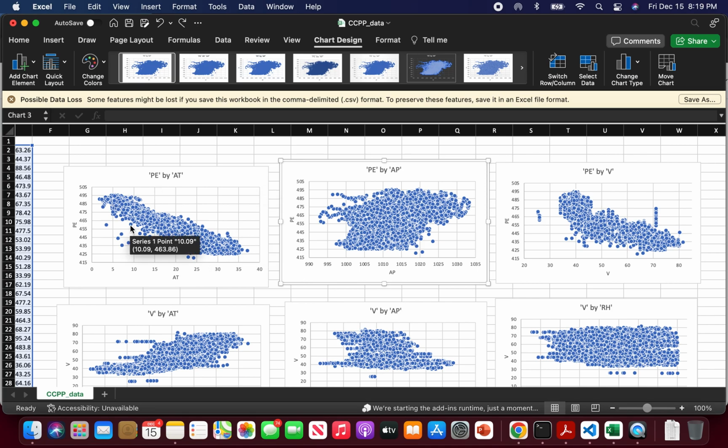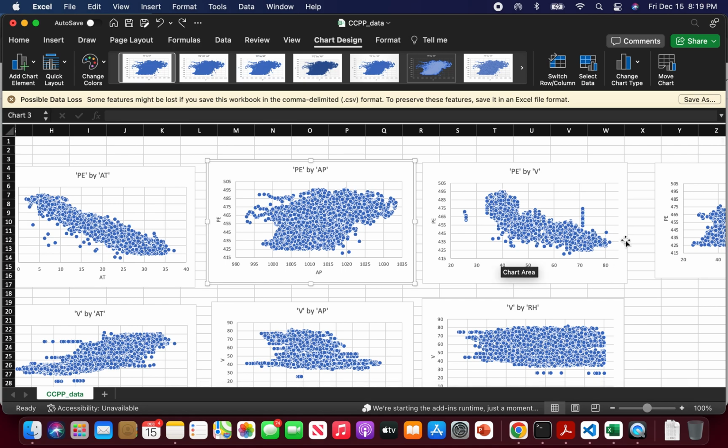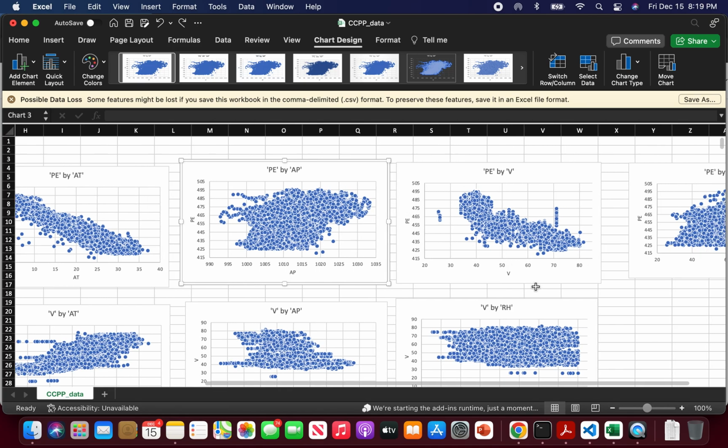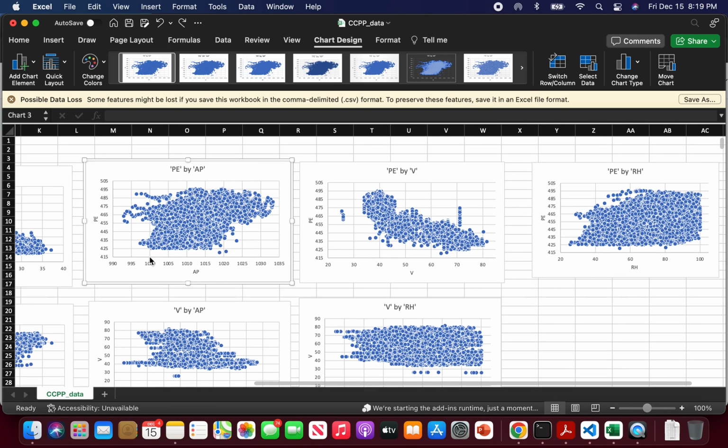AT looks like it had a negative linear correlation, and V had a negative logarithmic correlation. I also thought that AP had a positive linear correlation, and I honestly did not think that RH had much of a correlation, just a vague positive linear correlation, when I first looked at the data.